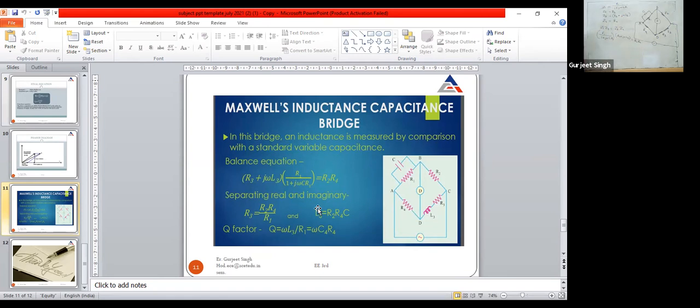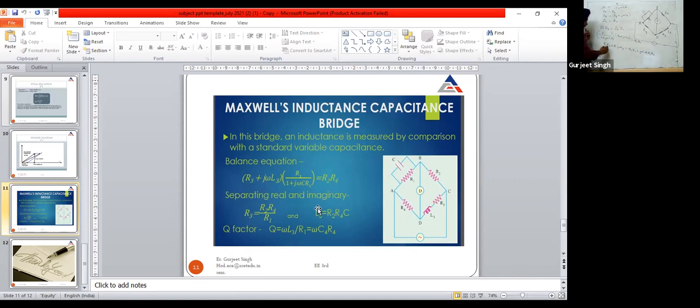Now first we will do the cross multiplication here. We have R1 R3 plus R1 j omega L3 is equal to R2 R4 plus j omega C1 R1 R2 R4.